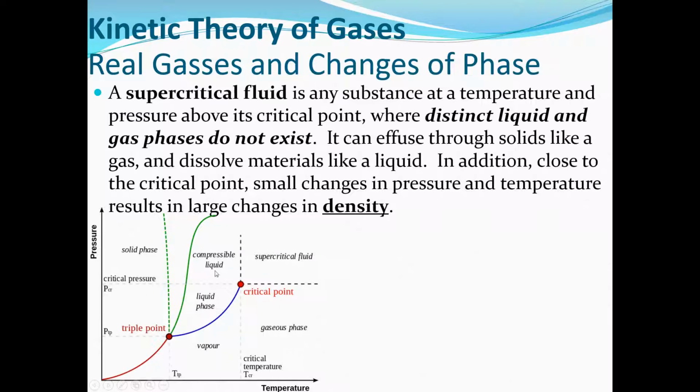We have the solid phase, we have the liquid phase. It's a little bit more broken up. So for example, we see the gaseous phase right here above the critical temperature. We have the vapor phase below the critical temperature. And then we have this region, which is the liquid phase and the compressible liquid phase. And then this is where we get the supercritical fluid. So it has a high enough temperature and a high enough pressure.